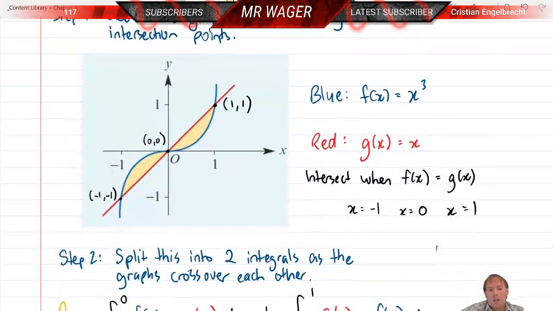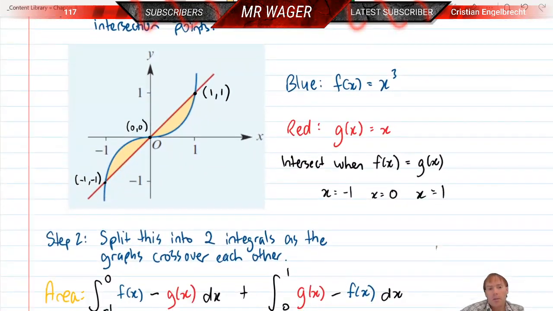We need to split this problem into two integrals, one to work out this bit and one to work out this bit. The reason we need to split it into two is that the functions are being replaced with each other. They cross over each other at those points, and so we have the blue function on top to begin with here, and the red function underneath.